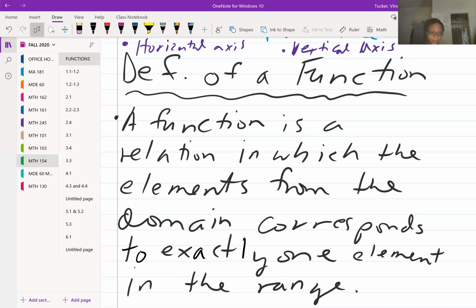So once again, a function is a relation in which the elements from the domain correspond to exactly one element in the range.